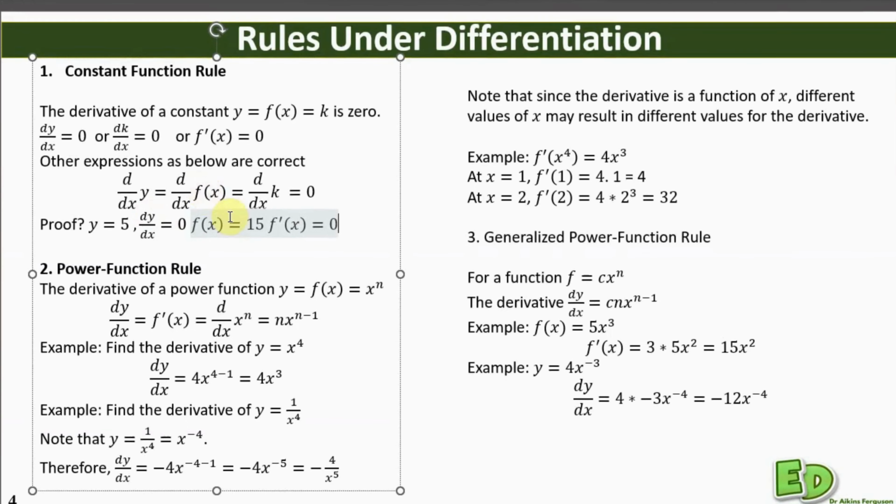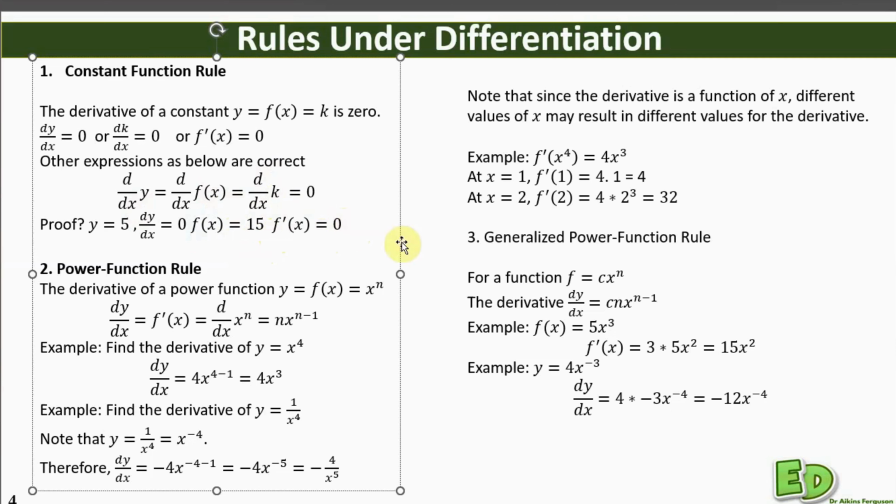Simply telling us that the differential of the function, say 15, which is a constant. Constant simply means that it is a number, or it is just a whole number without any variable attached to it. We don't have x here, right? So it is a constant. Anytime you differentiate a constant, it goes away. It turns out 0, so you don't write anything. You just leave it like that.